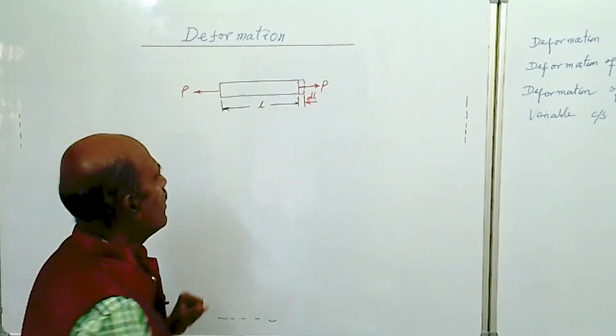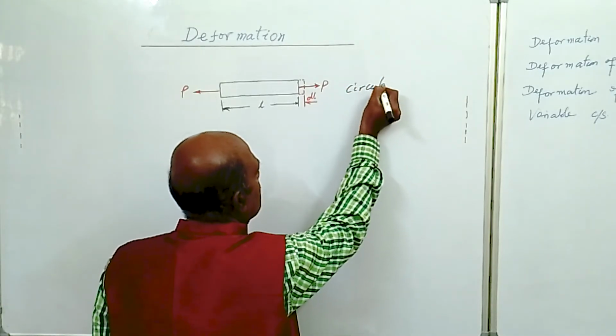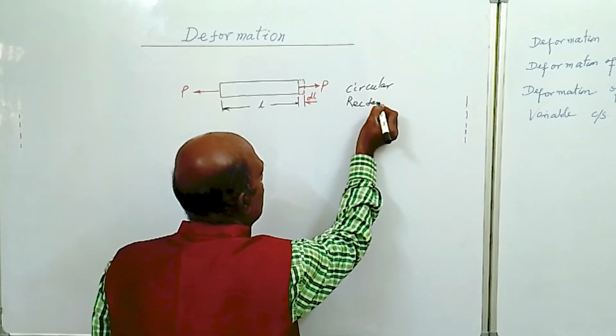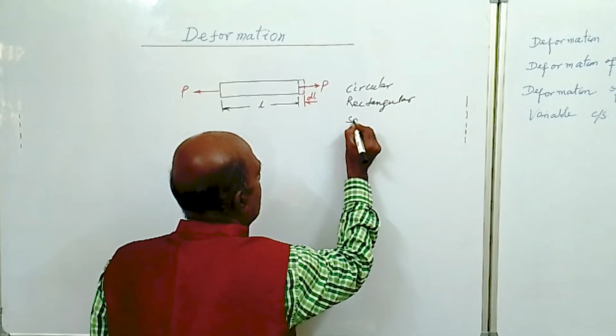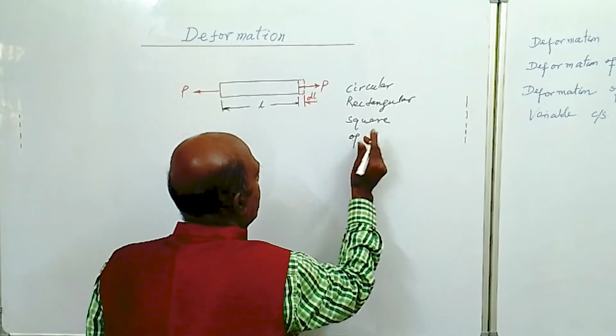The cross section of bar may be circular, may be rectangular, it may be square or a hollow bar.